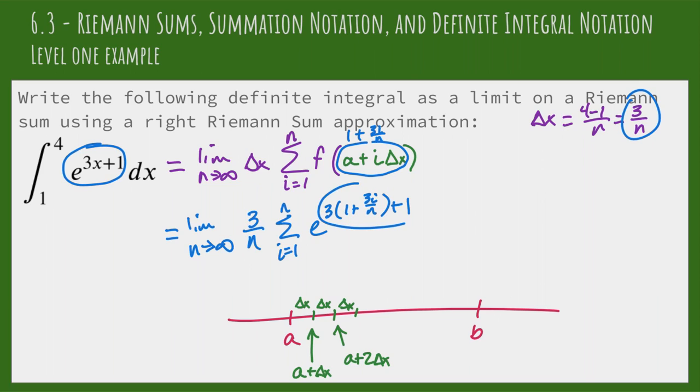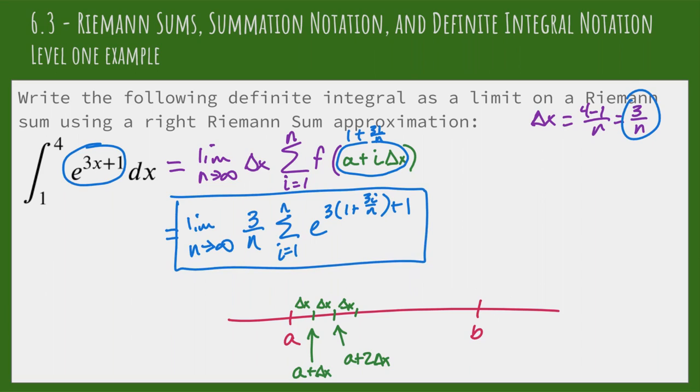And obviously this exponent is an expression that we could simplify if we wanted to or were asked to. I am not asking you to do that right now, so that's it. That limit right there, if we could evaluate it, is going to be exactly the same as the area given by this definite integral here.